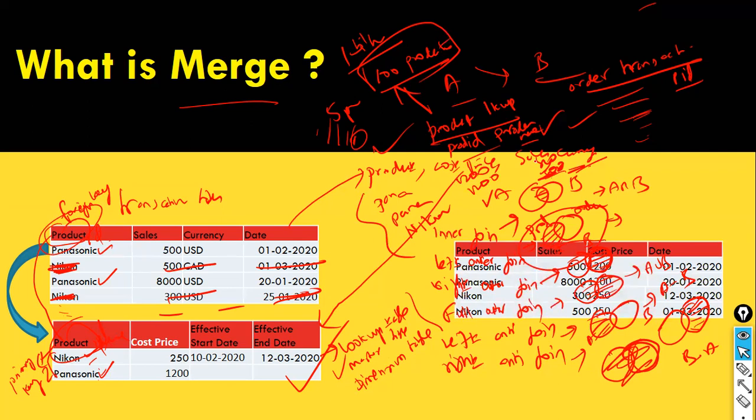But if you use inner join, what will happen? Whatever the products you sold, only those will get displayed. The common value is Panasonic. Only these two will get displayed. It will not display the Nikon. If you wanted to know the exceptional thing also, what products we sold, use left outer join.